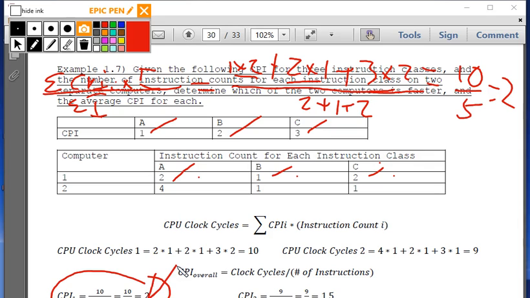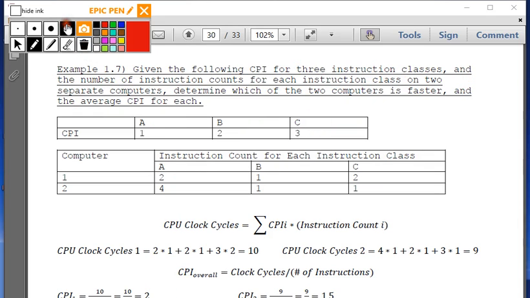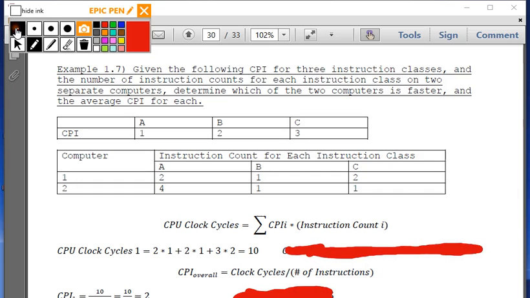Doing that, let me cover up how B is done. How do we do the second computer? 4 times 1, plus 2 times 1, plus 3 times 1.